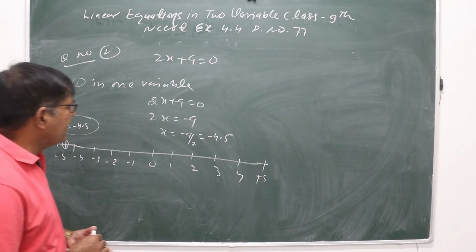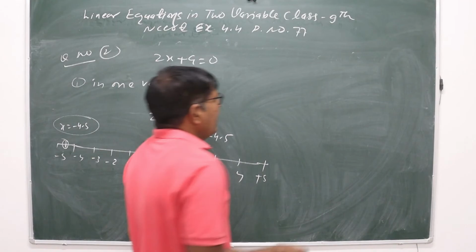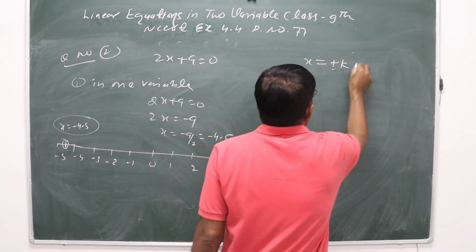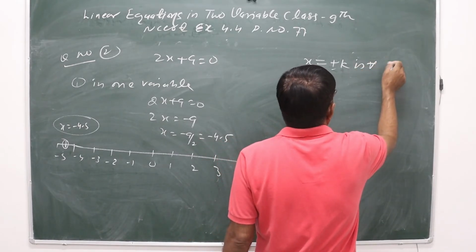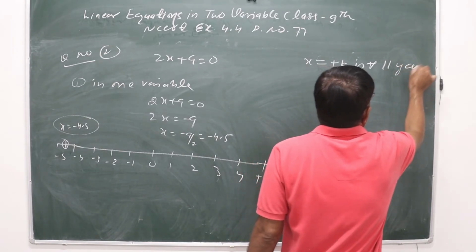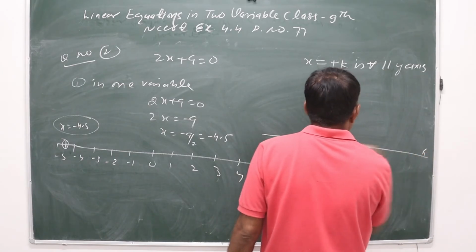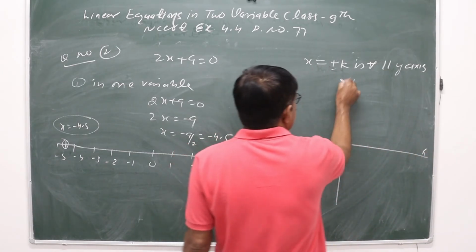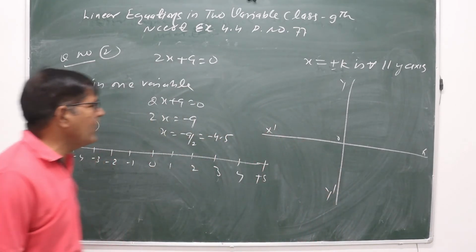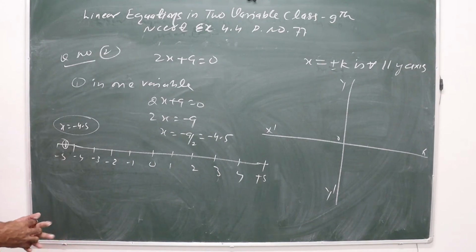Now if we have to represent this equation in two variables, then we know that x is equal to plus or minus k is always parallel to the y-axis. So in two dimensional space, let us suppose this is the x-axis, this is the y-axis, then x is equal to minus 4.5 is a line parallel to the y-axis.